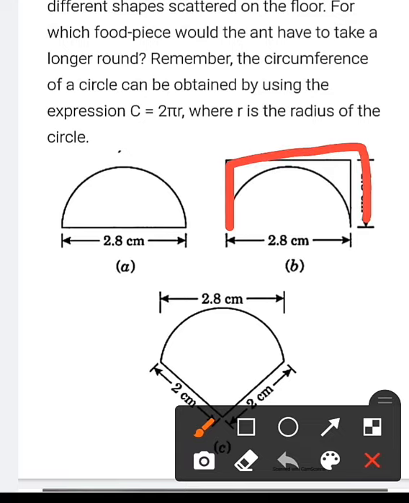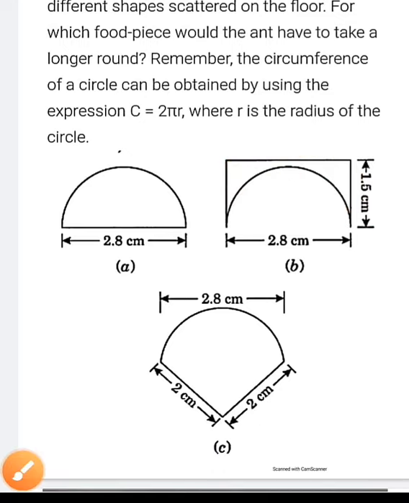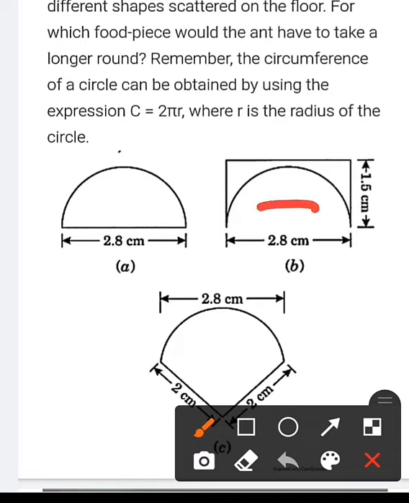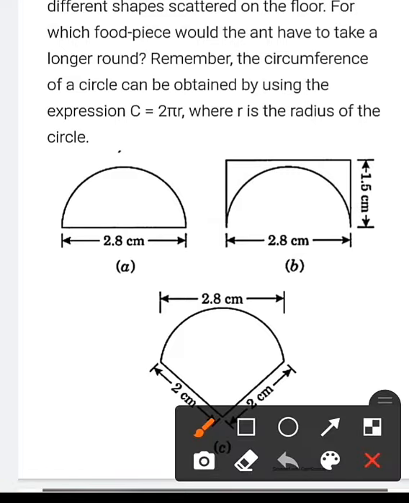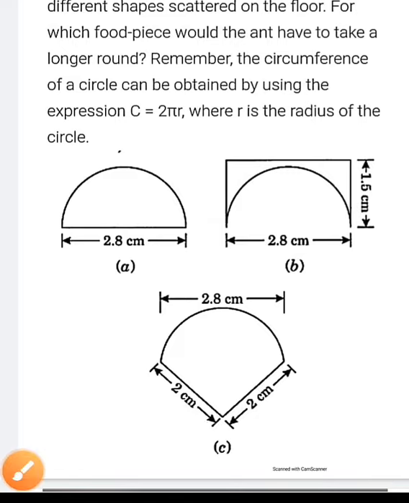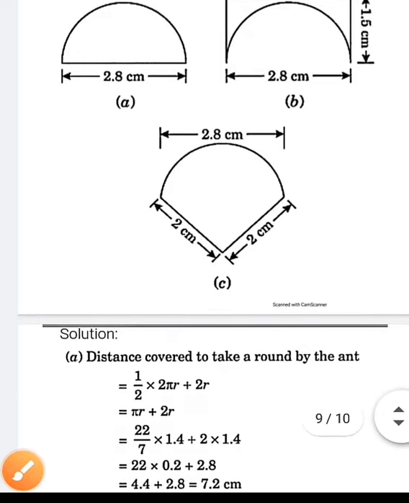This much thin layer only the ant is going to walk around. So this part is empty, so you have to find the circumference of the circle, and then subtract it, remove it, cut out this much part. And then the third part, the shape is like this. So let us see the solution part of these one by one.